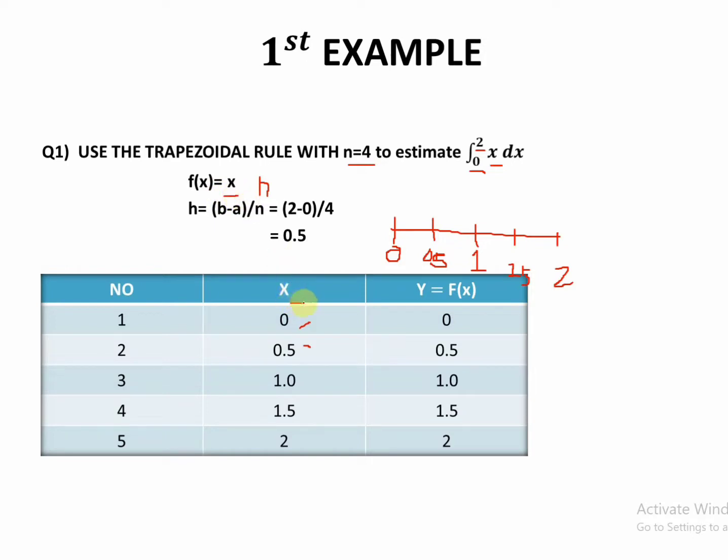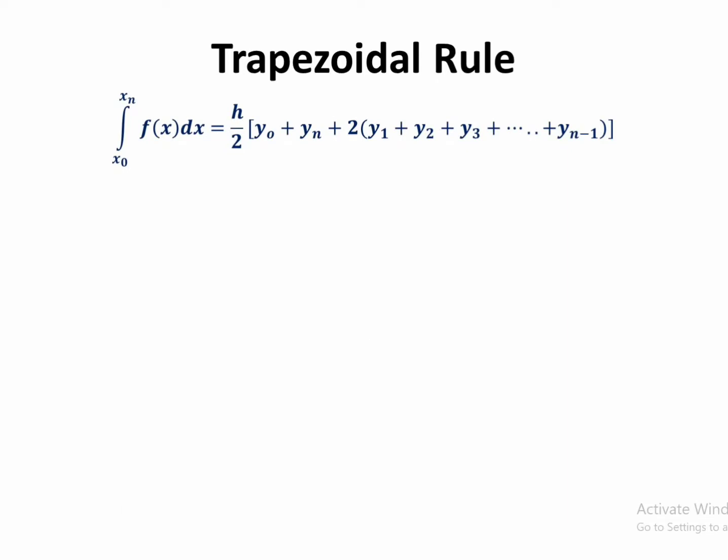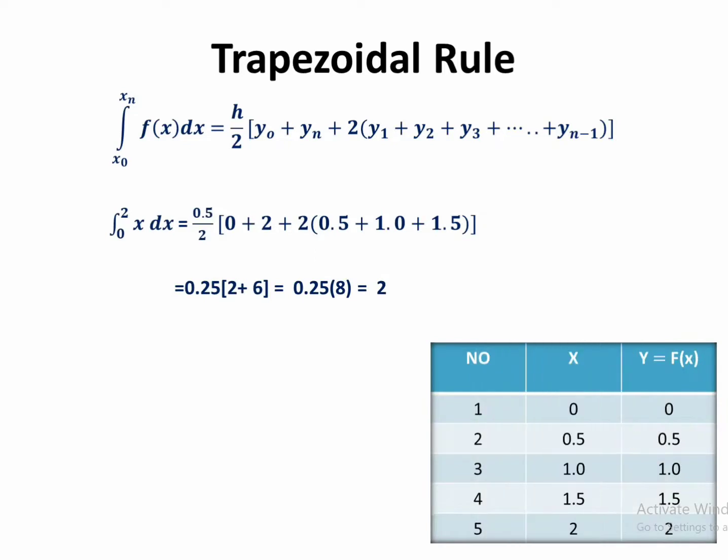So f of x is equal to x, and the same values are here. Now the formula of the trapezoidal rule is h by 2 into first term plus last term plus 2 into all other terms. By putting in the formula, y0 is 0 and yn is 2, and 2 into the summation of all the other terms, and you get the value 2.